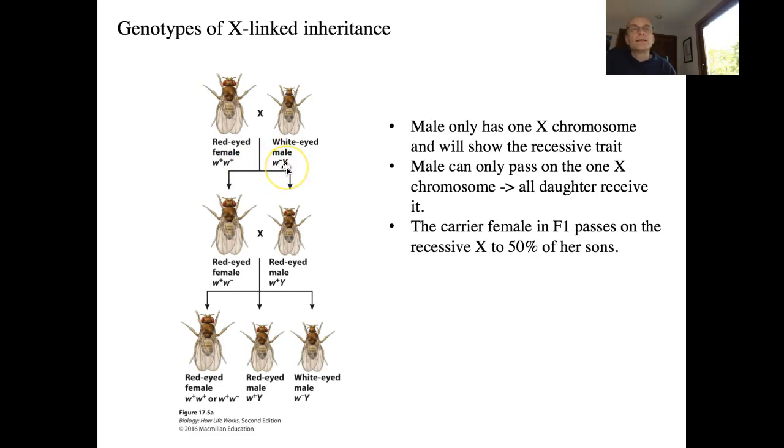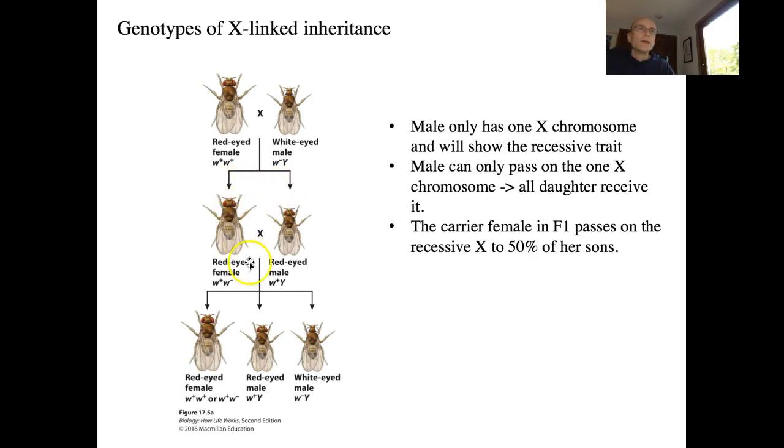And since he doesn't have a second X chromosome for which we could denote whether it's W plus or minus, because there just isn't another version, we just write down here that the male has the Y chromosome. So the Y chromosome is neither W plus nor W minus.